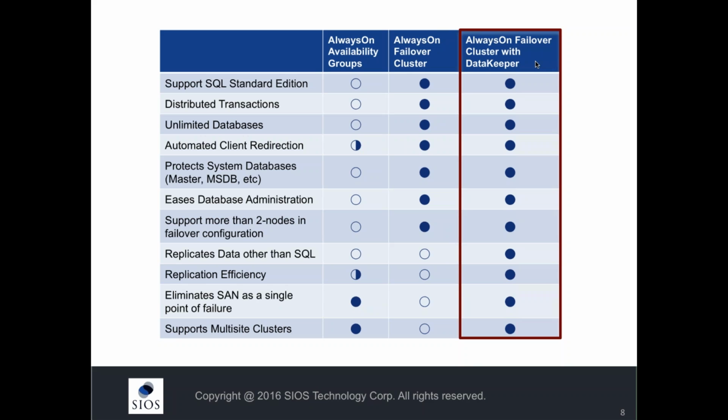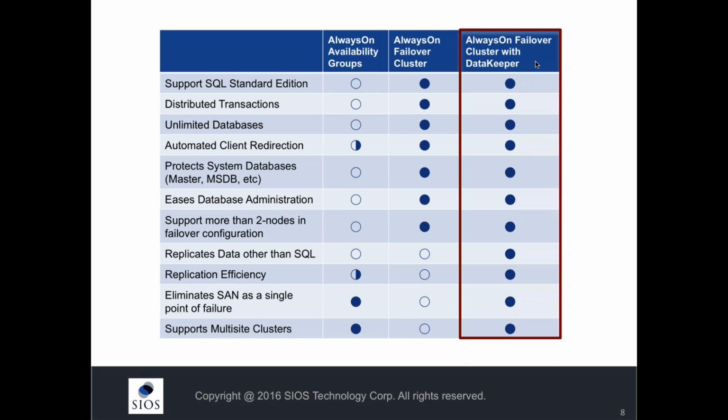Also, in SQL 2012 and SQL 2014, always-on availability groups are not compatible with distributed transactions. So if you rely on MSDTC, if your application uses distributed transactions, availability groups aren't going to work for you. So it will work with a failover cluster instance of SQL Server.